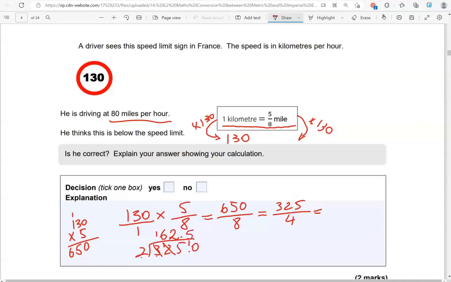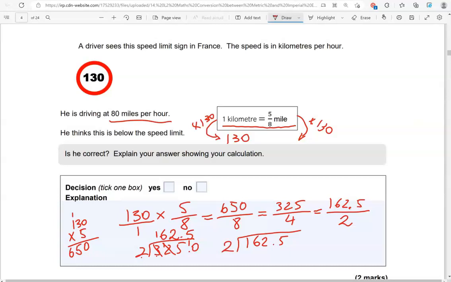That is 5. So that is 162.5 divided by 2, because as a fraction we can't have that. So we need to divide 162.5 by 2 again to get the final answer.